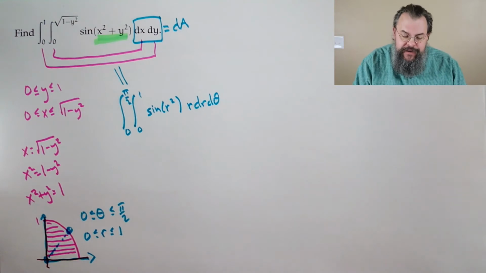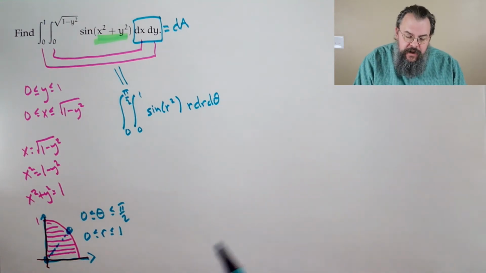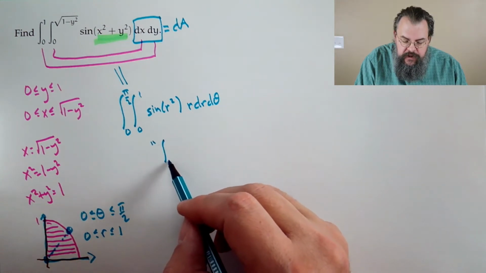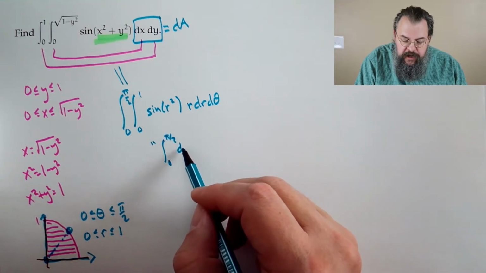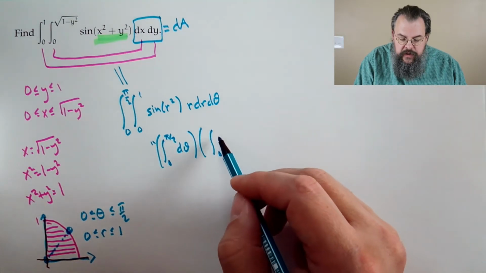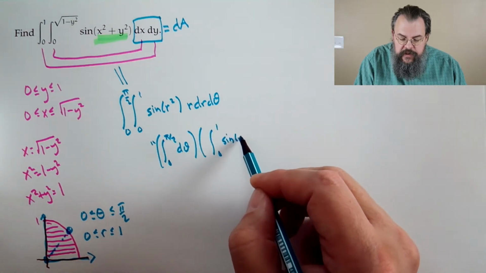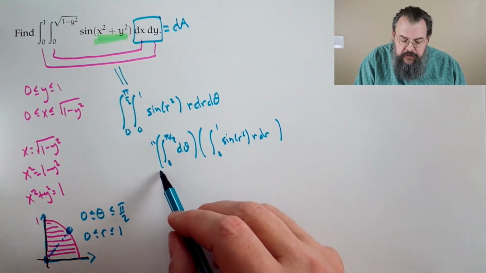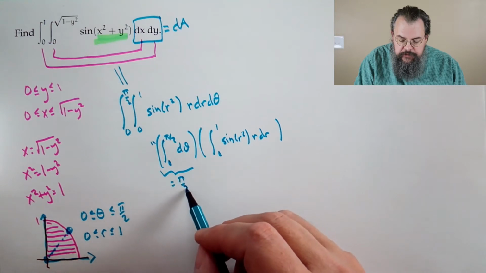We can make progress. And so, all right, well, this integral again is one that you can break up. 0 to pi halves d theta. All right, and 0 to 1 sine of r squared r dr. Now the first one, very straightforward, that's pi over 2.